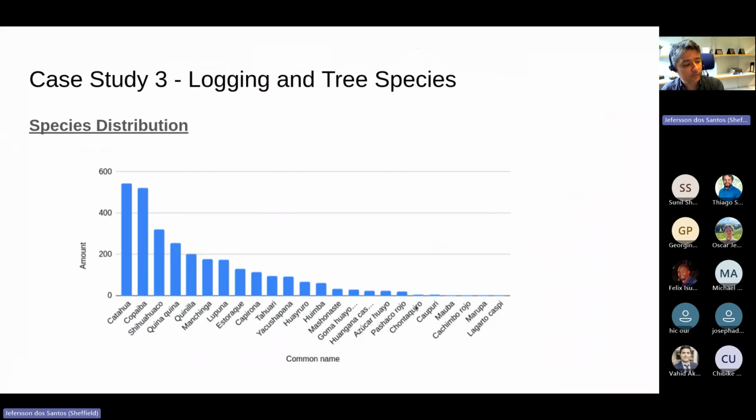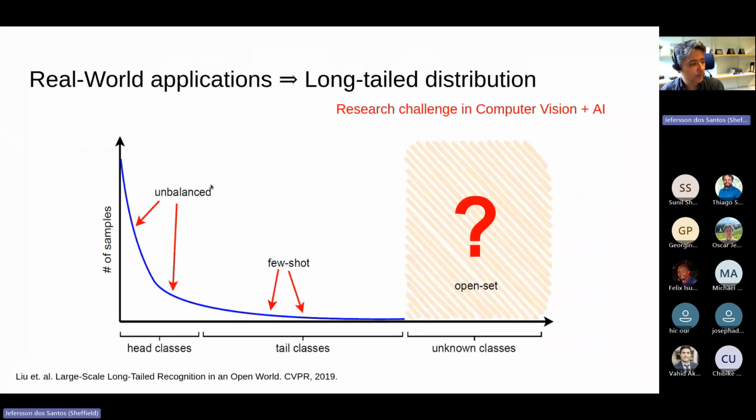They follow a long tail distribution, and somehow it connects very well with some specific challenges we have right now in artificial intelligence, which is unbalanced data. You have a different number of samples to train your model. You have few shot, which is very few samples of rarer species. So how can we train our model with less data, with very few samples? And you have also the open set.